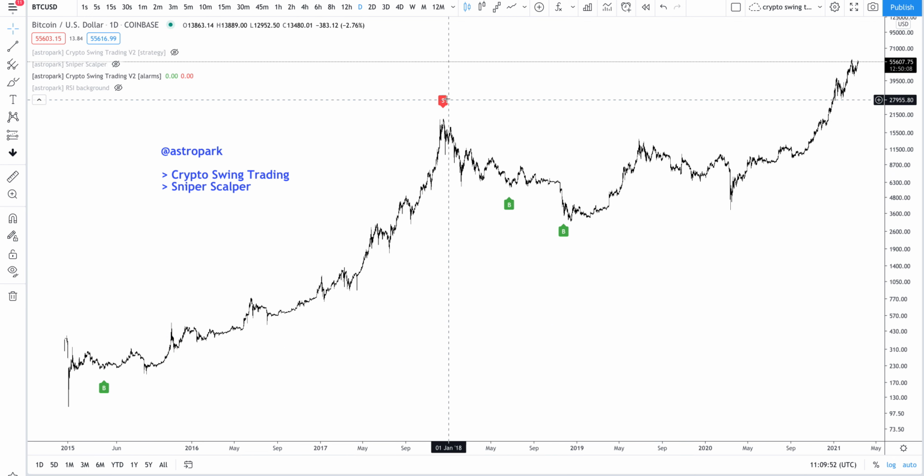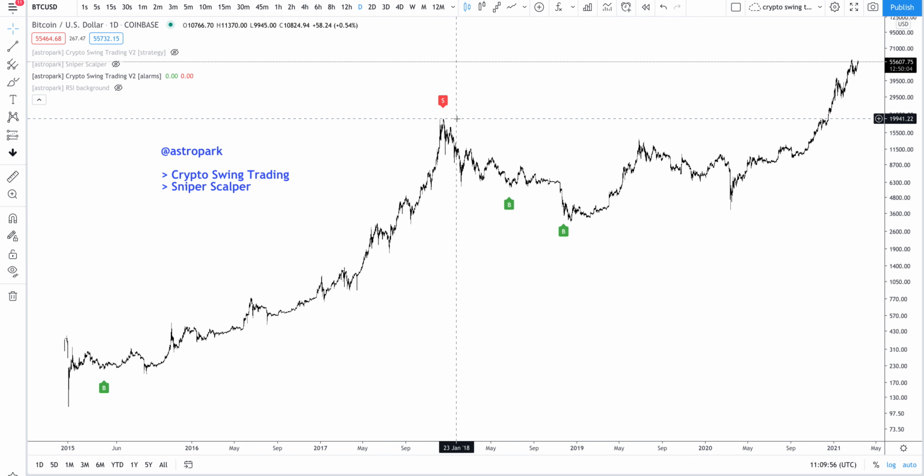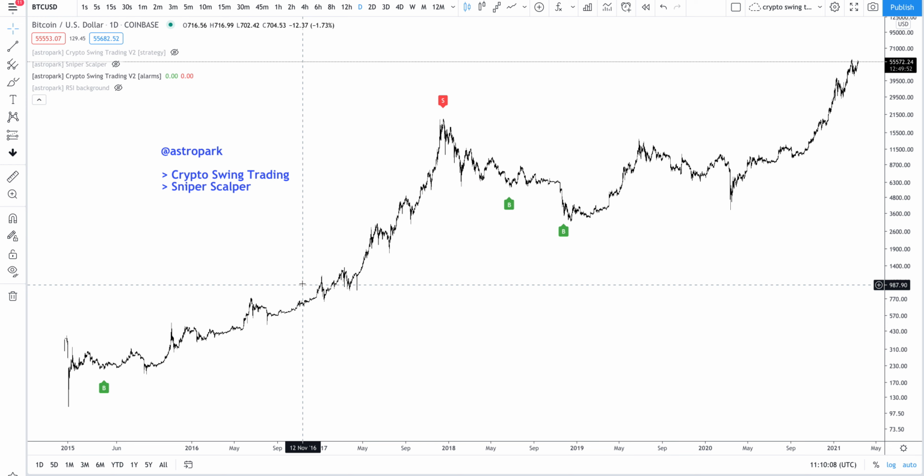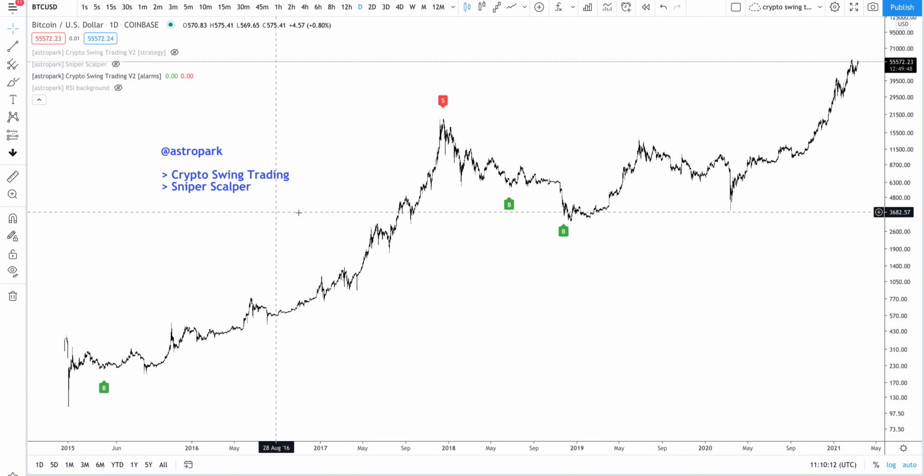You are supposed to sell your bag on an S. Of course, you can also decide to short on a sell. The strategy is developed also to simulate the short side.